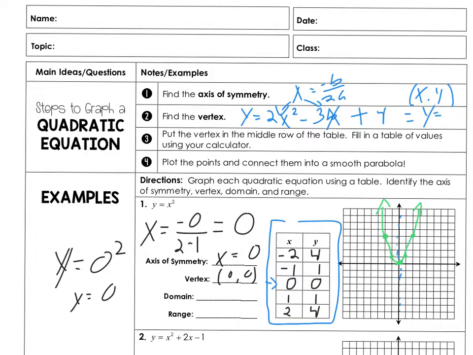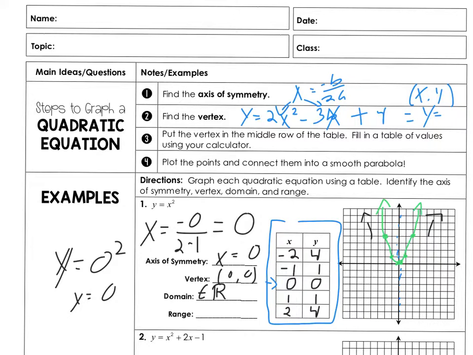And I know it's been a while since we've talked about that, but the domain is just the x values that it can be, and the range are the y values. So let's think about the domain here. It's going to extend. This is going to go on forever, and this is going to go on forever. So x could actually be all real numbers, or an element of the real number system, which I remember y'all hated, but let's remember this notation again, okay?